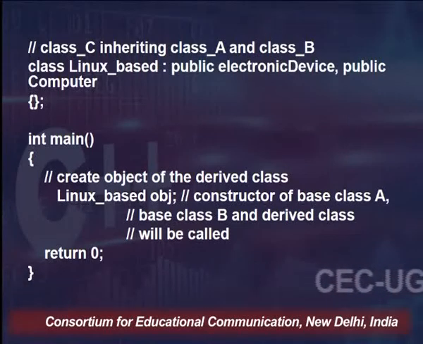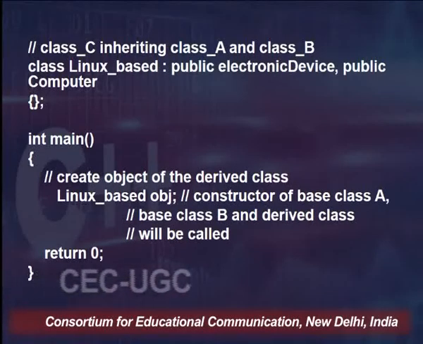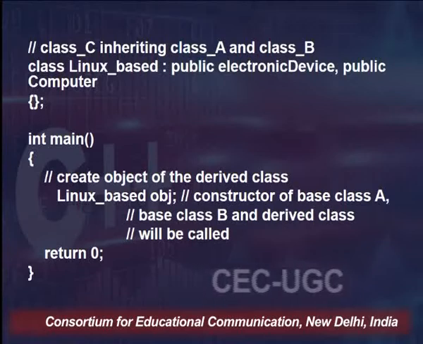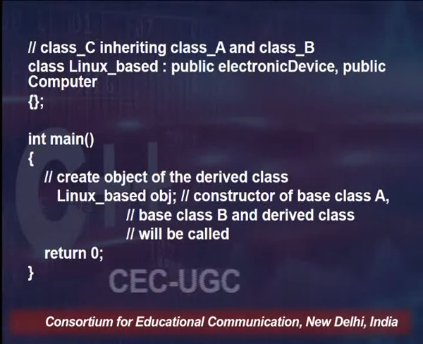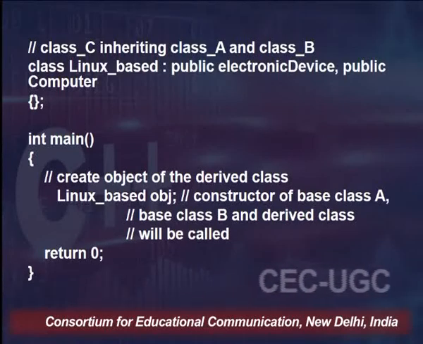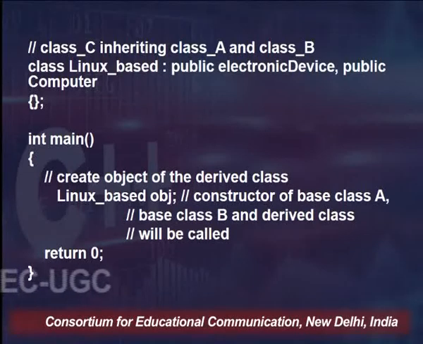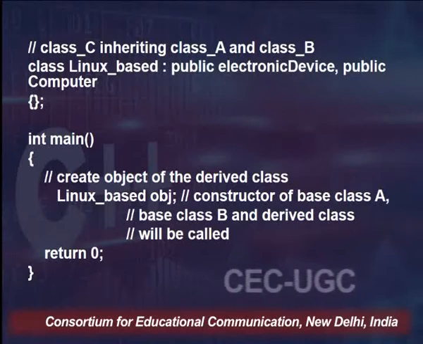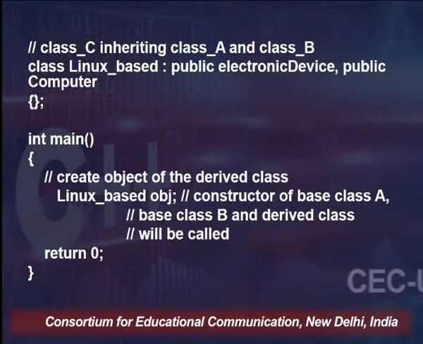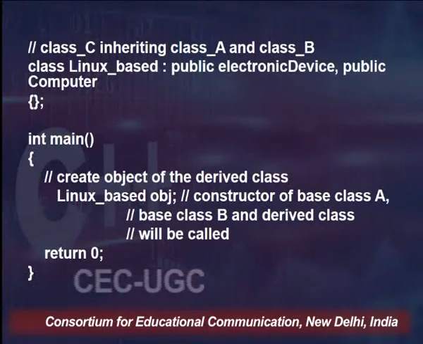So the name of base class 1 is preceded by the access specifier mode, and similarly the access specifier mode for base class 2 is followed by the name of the base class, and hence we can have whatever definition we want to write. Presently in this section we have not written any definition of the class Linux based, but you can have one constructor there, or whatever is the requirement of your application can go as the definition of the derived class.